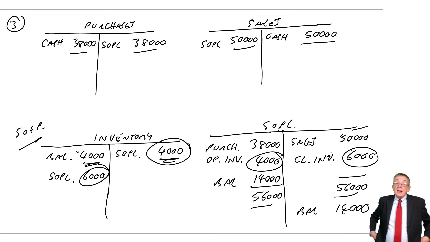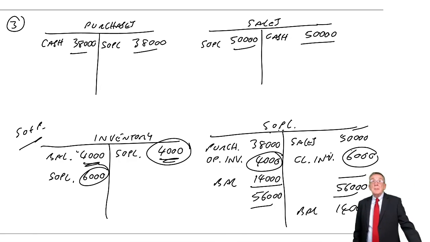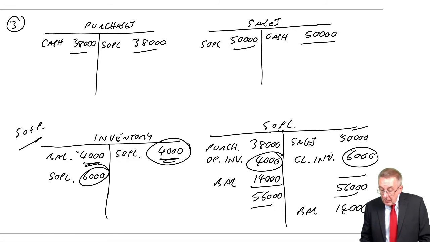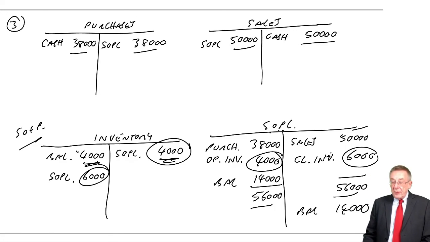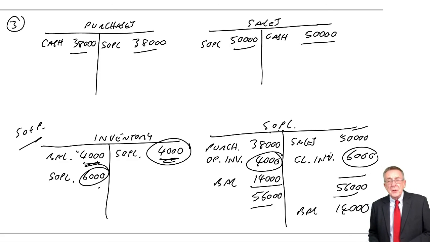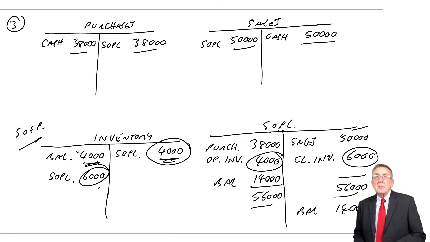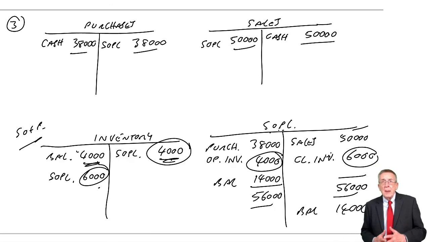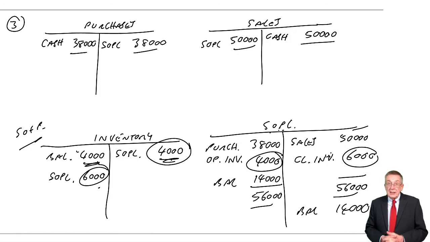There are two things before I leave this lecture. One is some people say, well, instead of crediting with 4 and then debiting, why don't we just debit with the difference of 2 and credit statement of profit or loss with 2? It'll work. You can do if you want.